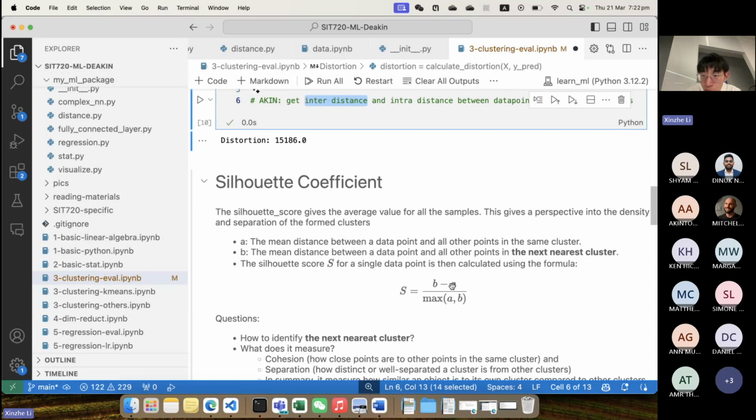We want this intra distance to be very small, right? So then we have negative. So this should be larger. Now we want the distance between to become larger, right? So these clusters are far away from each other. So B should be larger. So B large, A small, then the total term should be larger. Okay, good, makes sense, right?